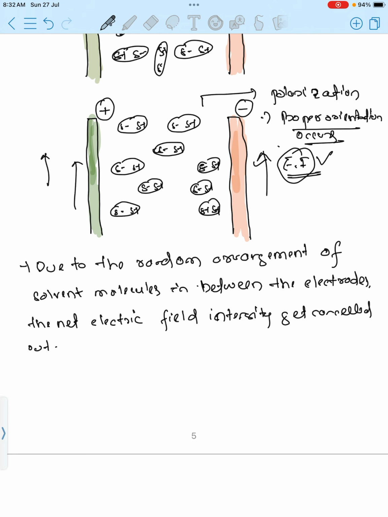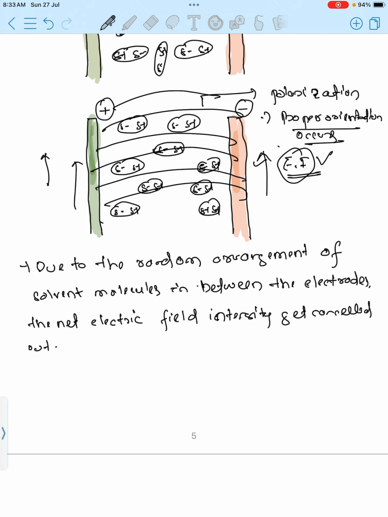Initially, due to the random arrangement of the solvent molecules, the electric lines of force are randomly arranged between the electrodes, so they were cancelling out. Now when the molecules are directed in a particular direction, the electric lines of force will also be directed in a particular direction. As a result, what will happen to the dielectric constant value?